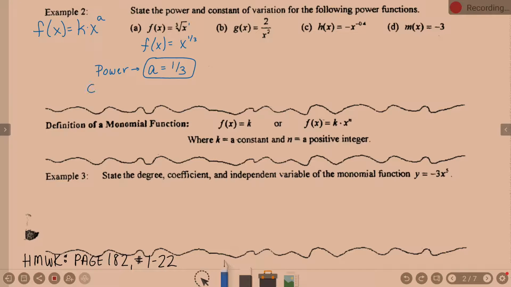And then we also have to state the constant of variation. So when I talk about the constant of variation, I want to know what K is.